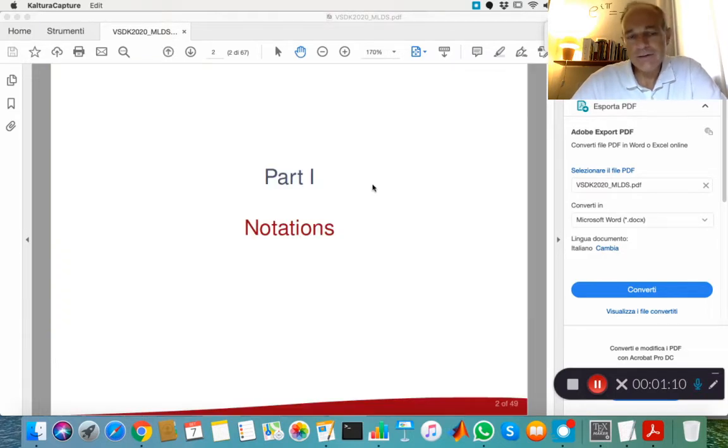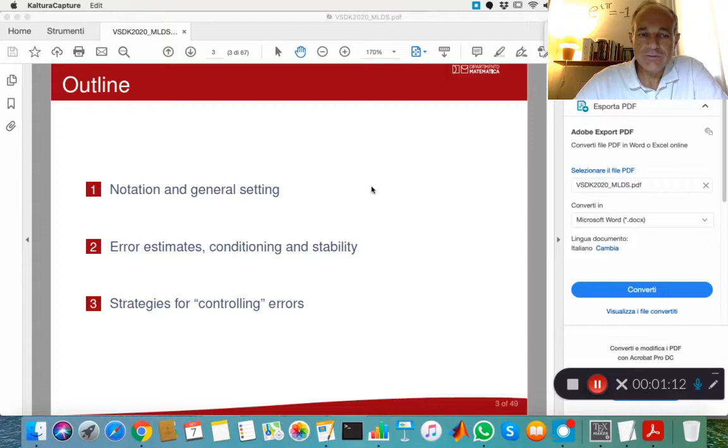So the first part, we start with some notation and the general setting, then I present some ideas concerning the so-called error estimates for kernel approximation, giving emphasis in particular to the conditioning and the stability of this approximation process.